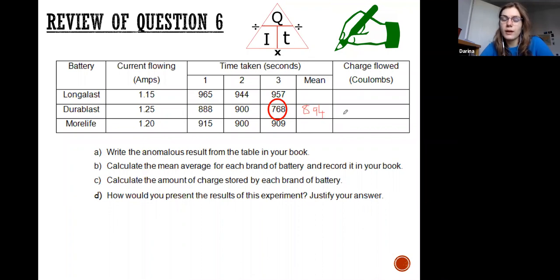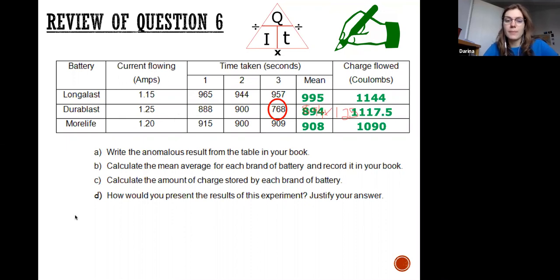So 894 times 1.25. And that is actually going to give you an answer in the thousands. That is going to be worth, let me just click the slide, 1117.5, and that's the value with the anomaly removed. Hope everyone's got that. If anyone's got any questions, please do pop it in the chat.